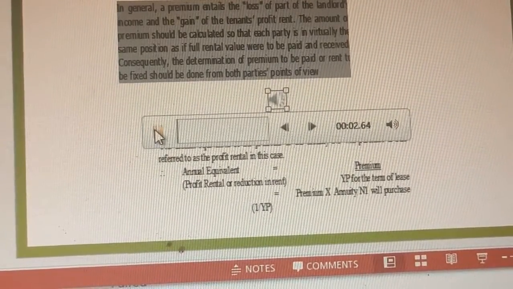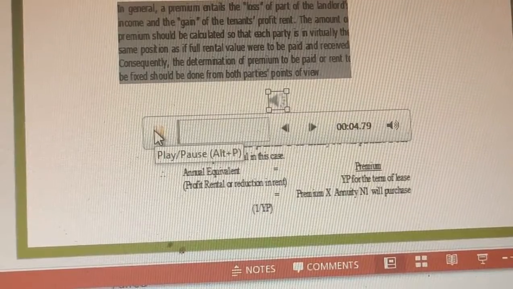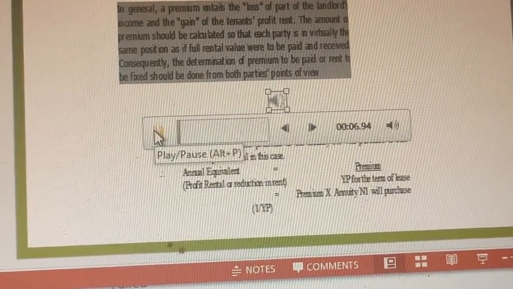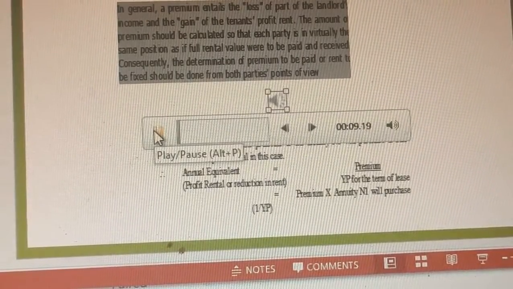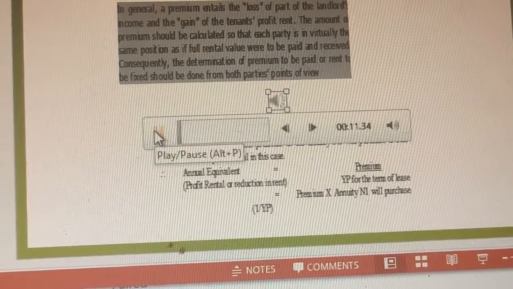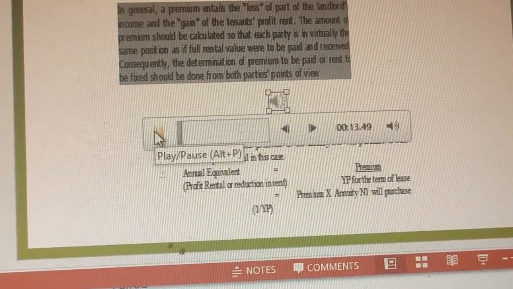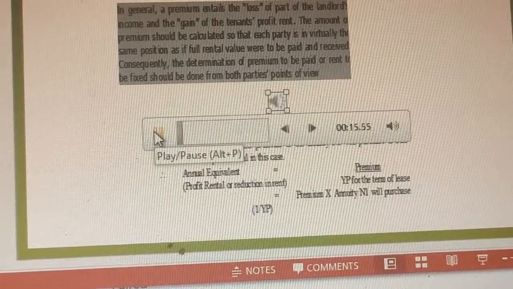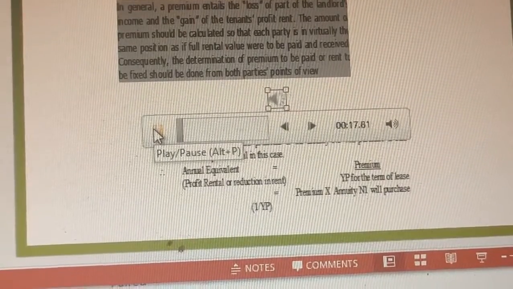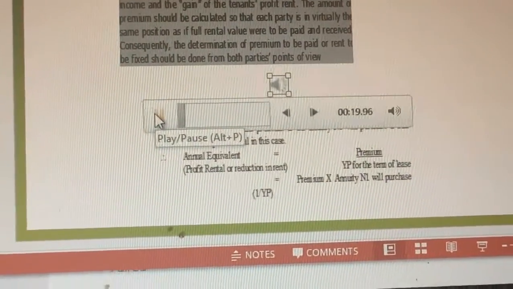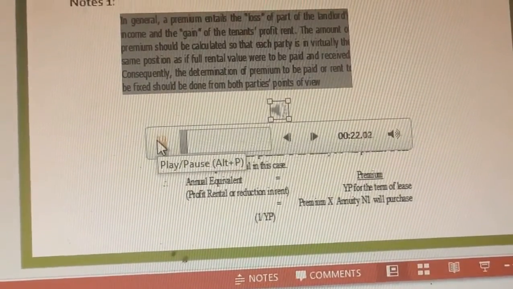In view of what we have said so far, I want us to broaden our view a little bit and take these two notes that I've highlighted to enable us get a fuller understanding. In general, a premium could entail the loss of part of the landlord's income.